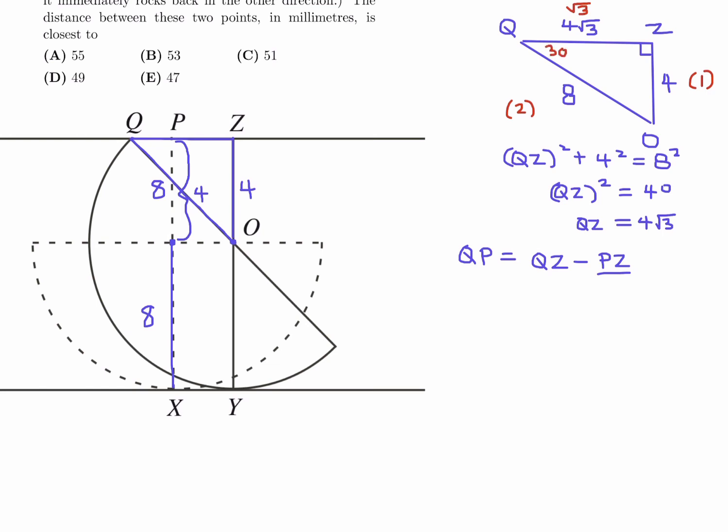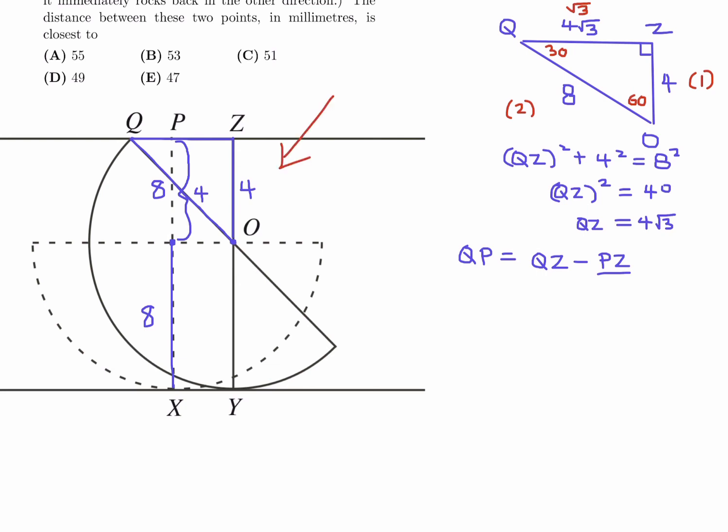This is 30 degrees, and this is 60 degrees, and that we already know was a right angle. Now, how does that help us? That helps us, hopefully, figure out PZ, since that is what we're trying to figure the distance of.